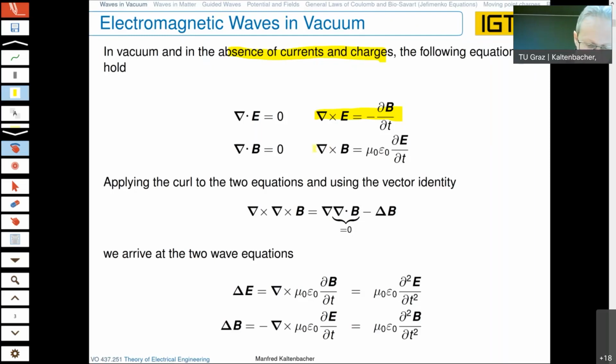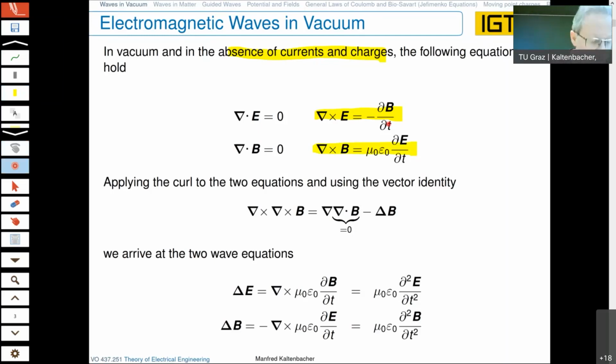And we have vice versa very nicely, you see the symmetry in this case, that a time-changing electric field also generates a magnetic field, the curl of a magnetic field. Yeah? And here, in the first equation, the time change of the magnetic field, the curl, the vorticity, speaking of the electric field.